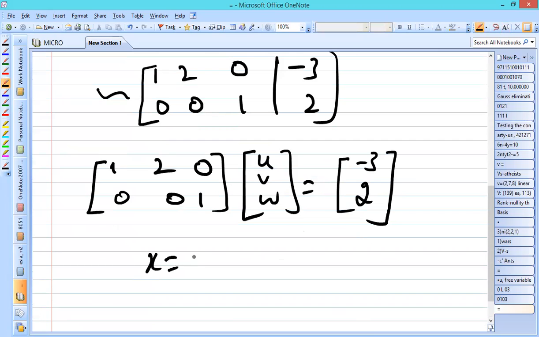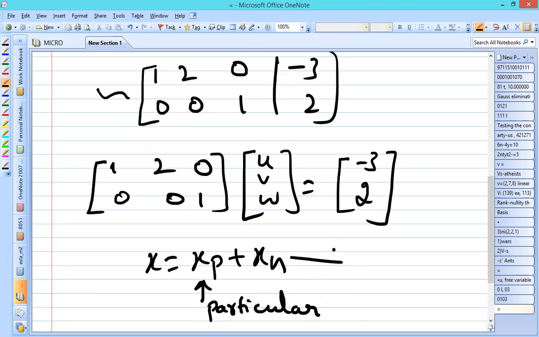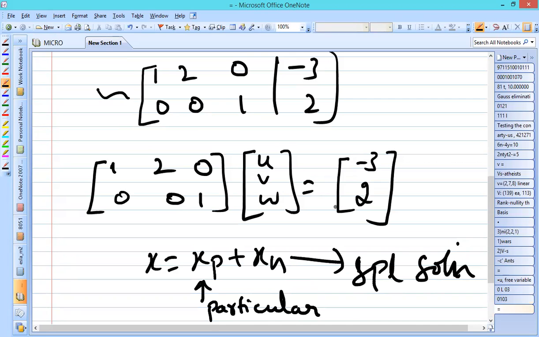That is, we have the equation x is equal to xp plus xn. Here xp represents the particular solution and xn represents the special solution, that is, the solution of the null space with b value as 0. We'll identify the solution for that.